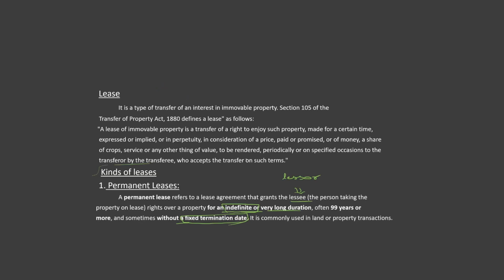The main feature of the permanent kind of lease is no end date. There is no specific end date where the lease will expire, and it could be for indefinite duration. It could go as long as 99 years, often 99 years or more. It could be for an indefinite time.